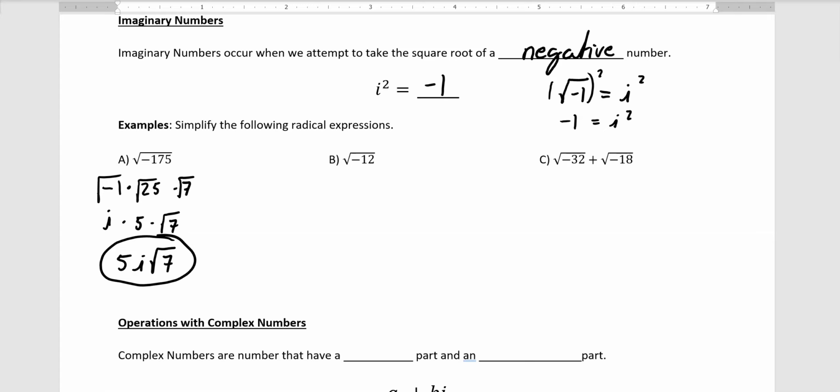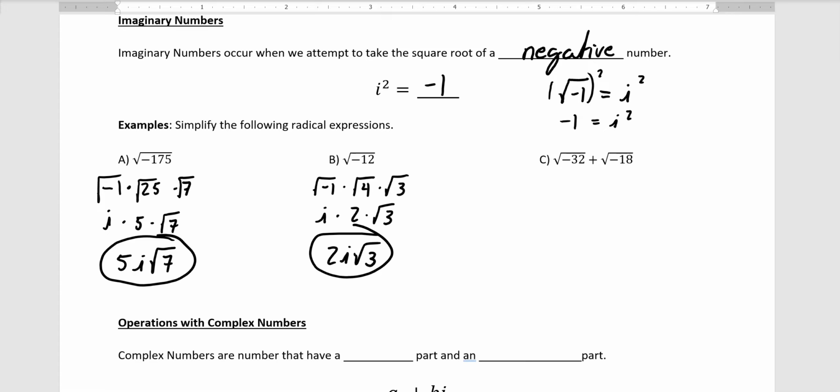Looking at B, the square root of negative 12, this is the square root of negative 1 times the square root of 4 times the square root of 3. That's i times 2 times the square root of 3, so we'd have 2i root 3. And C, here's a cool one: the square root of negative 32 plus the square root of negative 18.